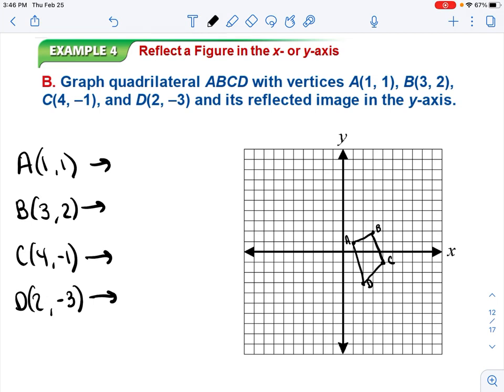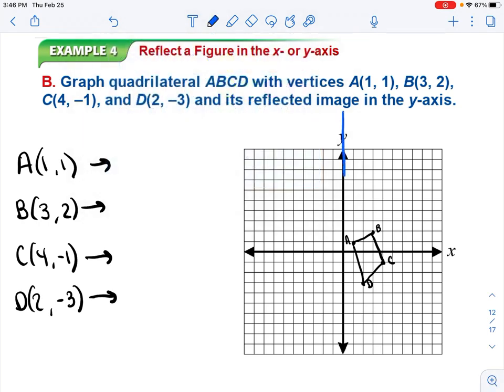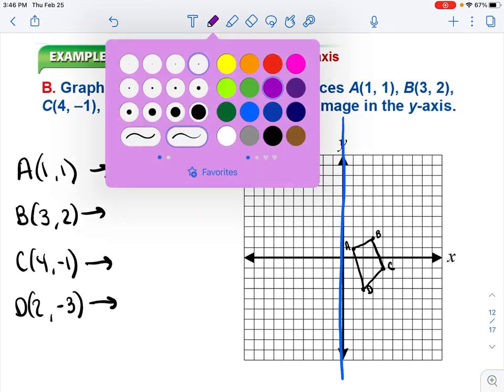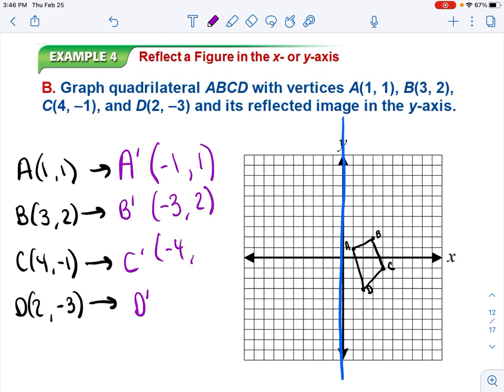Graph it. And then now we are reflecting across the y-axis. So I know my y's stay the same and my signs on my x's switch. And then I can graph these coordinates.